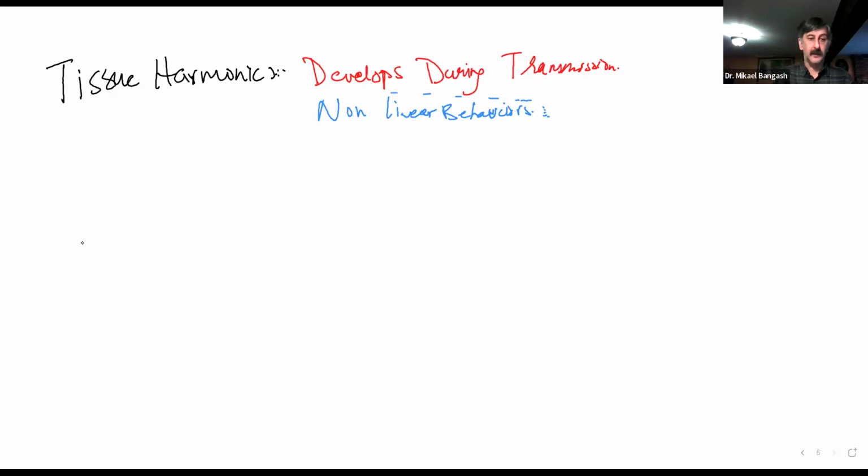Last but not least, we said that they were also distortion free. But what these tissue harmonics will lead to is what we call harmonic images or harmonic imaging.